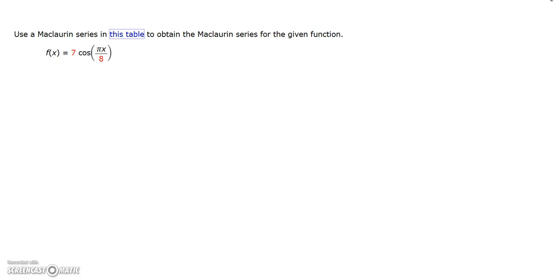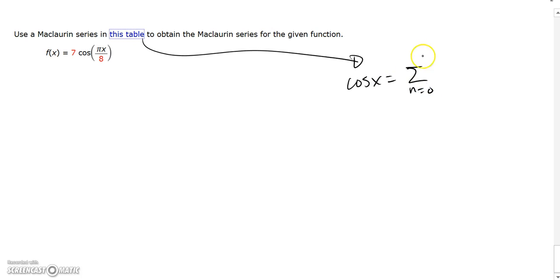Let's look at one more example. It says to use the Maclaurin series in this table, which basically just gives us the Maclaurin series for cosine x that we proved in class. So sum from 0 to infinity, we saw that it only had even exponents, x to the 2n over 2n factorial.